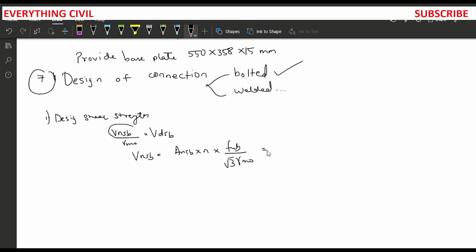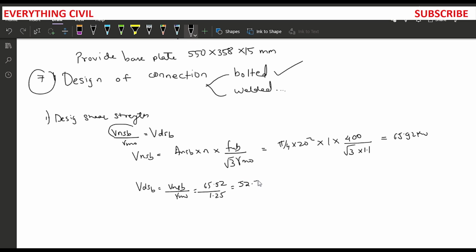So I'll just put the values here for you. So I get the VNSB value as 65.92 kilonewton. So VDSB will be VNSB upon gamma MO, which will be equal to 65.92 divided by 1.25, and it will be equal to 52.73 kilonewton. Okay, you have found this.